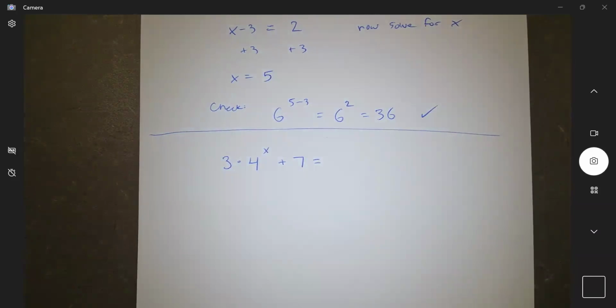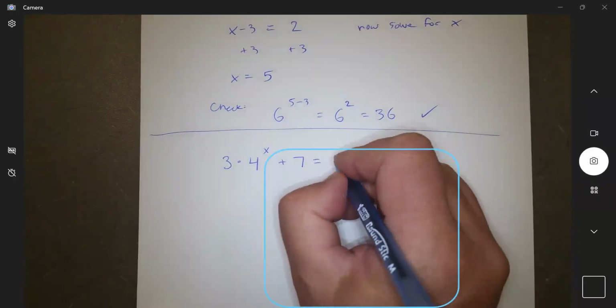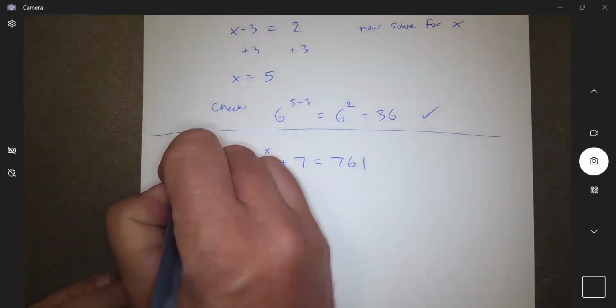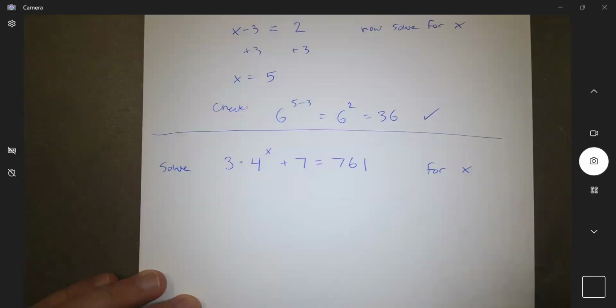Hold on, we gotta do a little reverse math here. So solve this expression for x.